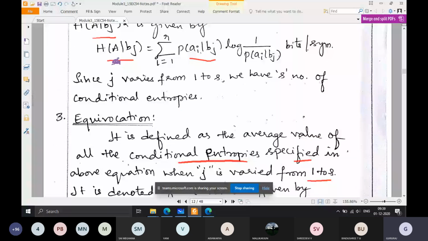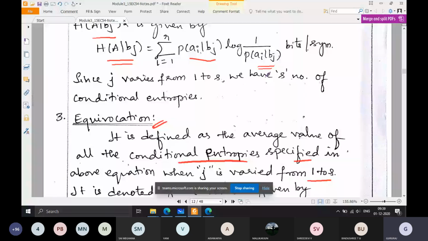You have to take the average of this, and whatever the resulting value, that is known as equivocation. What do you mean by taking average? Here we have considered only one output symbol Bj. If you consider all the output symbols, then that is the average. Fine, so that is equivocation.